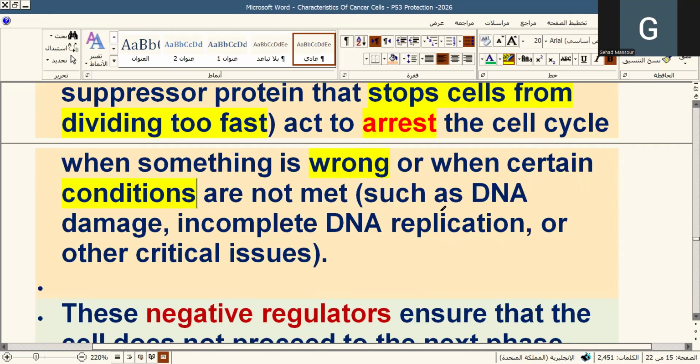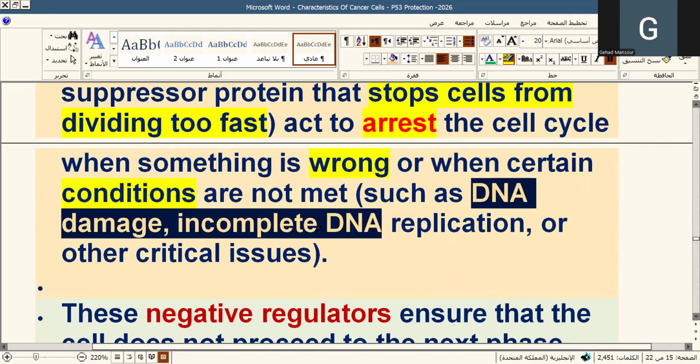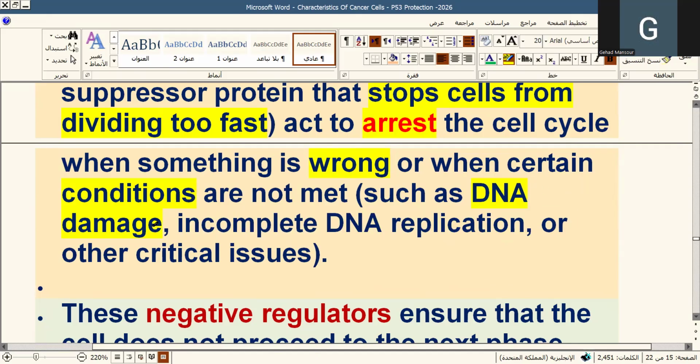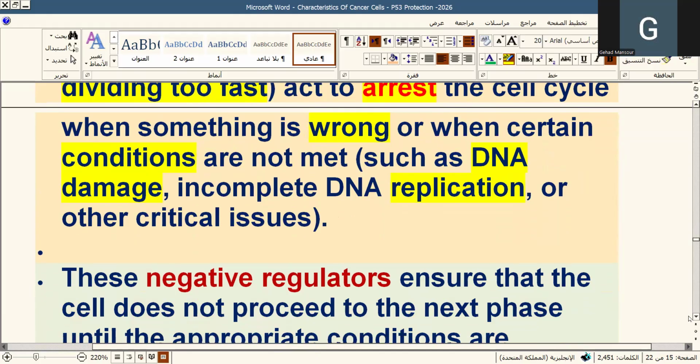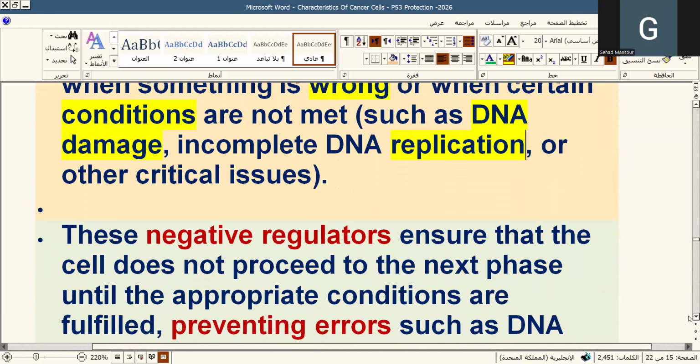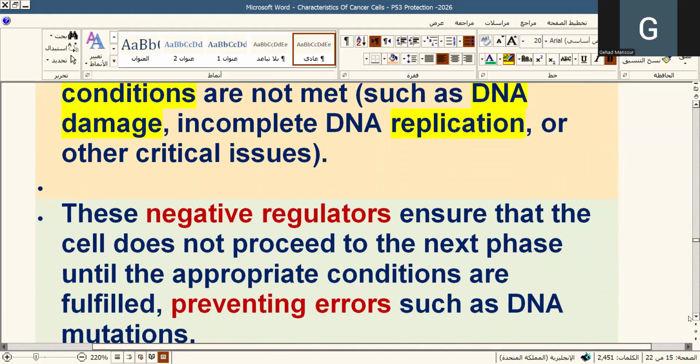So whenever we have, for example, a DNA damage that is capable of causing a mutation in the cell, or a DNA replication that wasn't complete during the S phase, or any other issue that is serious and that we don't want to transfer to the coming daughter cells, then the cell should be arrested.